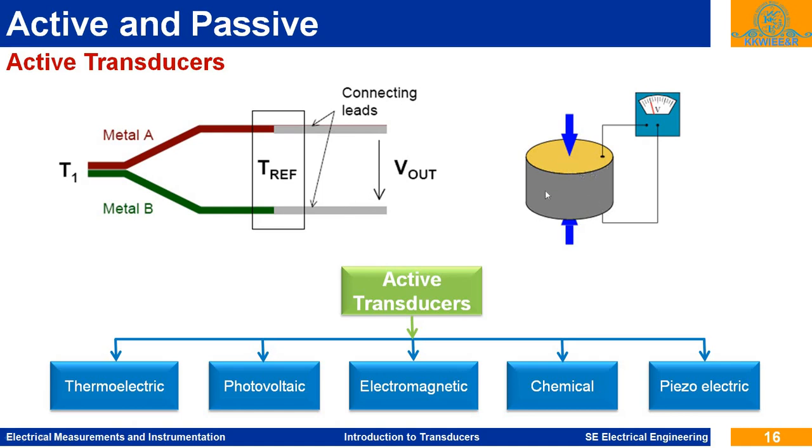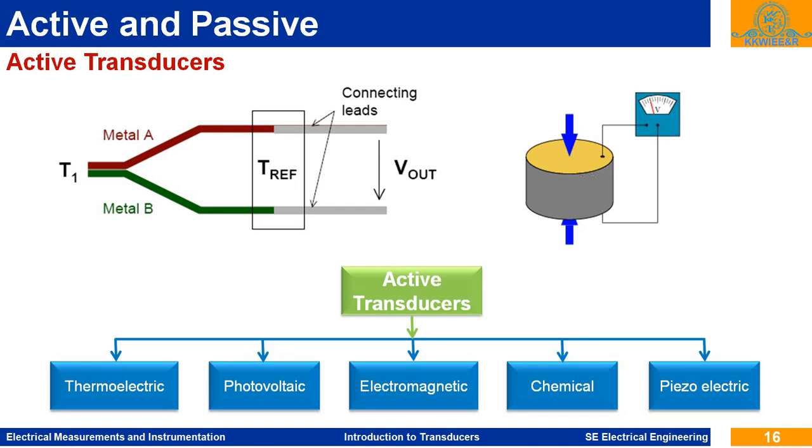Then there is a device called a piezoelectric. When we apply force on this crystalline material or piezoelectric crystal, the voltage is generated across the surface of the crystalline material.